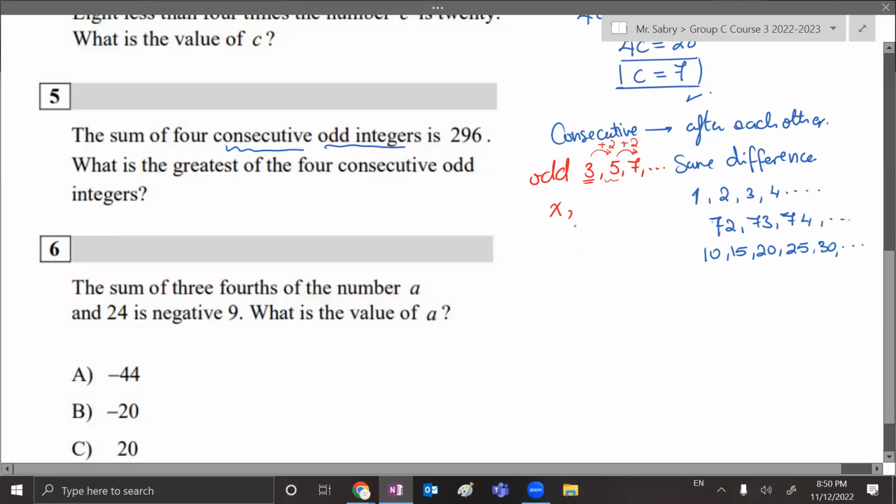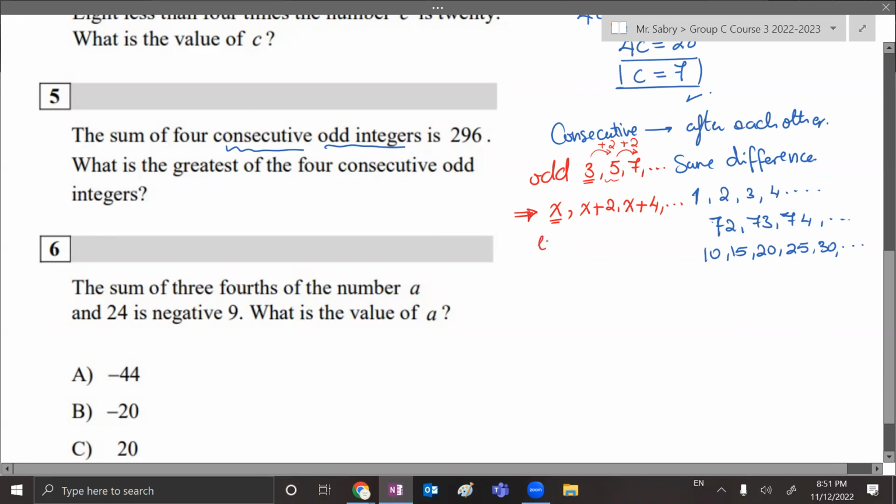So this means I can say that if the first term is x, the second one is x plus 2. And then the other one is x plus 4. And then the other one x plus 6, and so on. So when I say again consecutive odd numbers, if we want to represent them using letters, this is how I represent them: x plus 2, x plus 4.